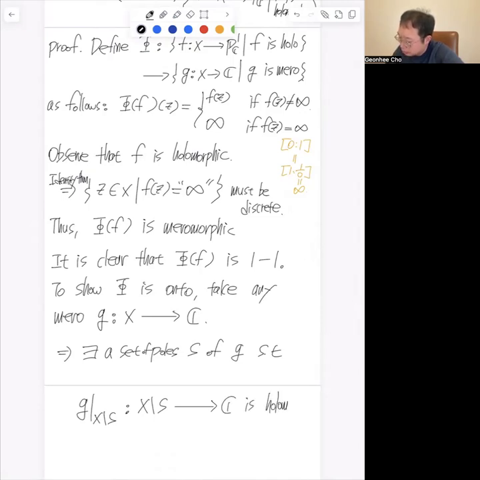That's the definition of a meromorphic function. And again, the set of poles in the compact set is isolated, and thereby it must be a finite set.